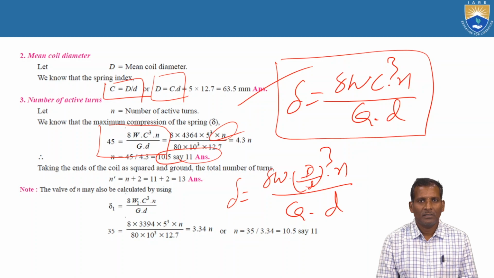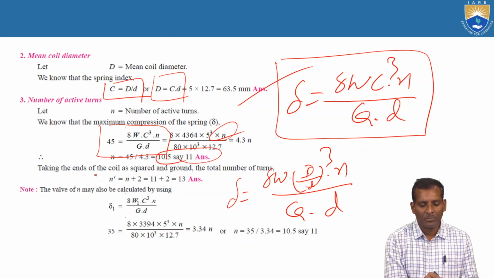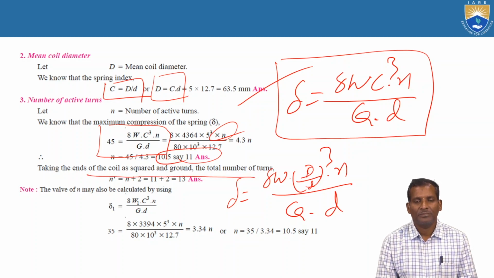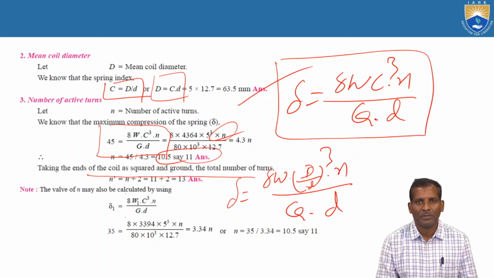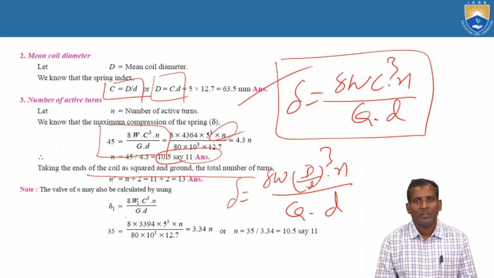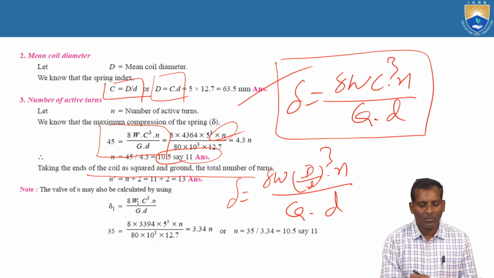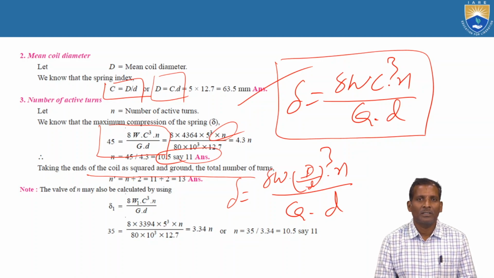Here, take the ends of the coil as squared and ground. This is not given in your problem. Generally the helical coil springs' end conditions are squared and ground. So the total number of turns depends upon the end conditions of the spring.